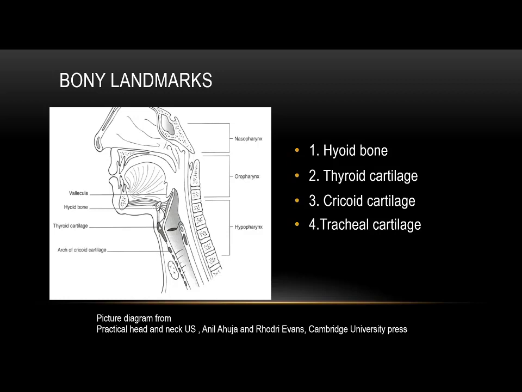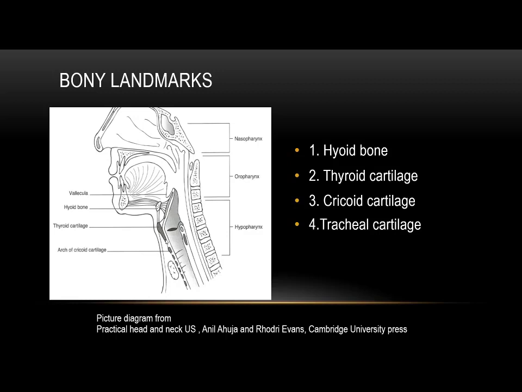The second one is the thyroid cartilage. It's a triangular-shaped cartilage, very prominent, and the layman's term is Adam's apple in males. It's prominent in males. This is also a landmark for scanning, and it has a unique appearance on ultrasound as well.